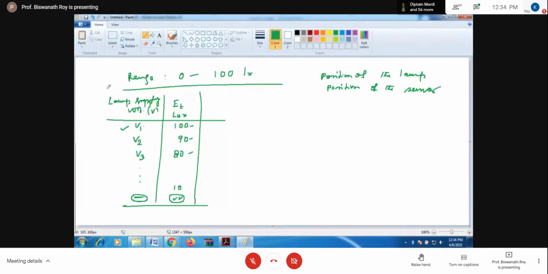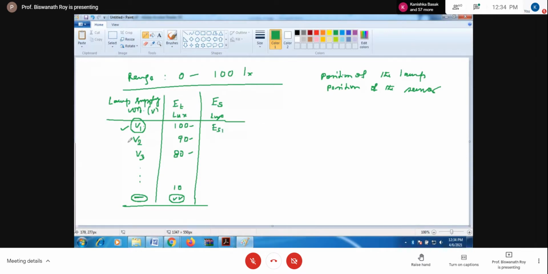And then what is the task? The task is to adjust the voltage following the values obtained from the table, and measure the working standard lux meter reading in lux. I do not know what the value is.